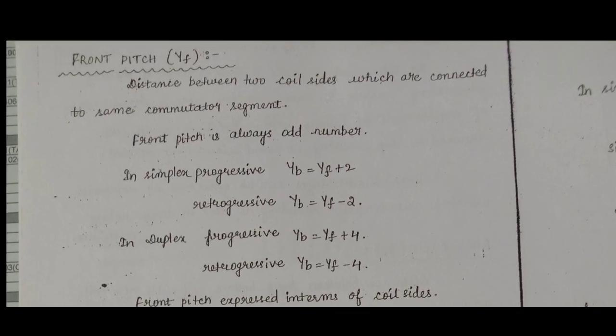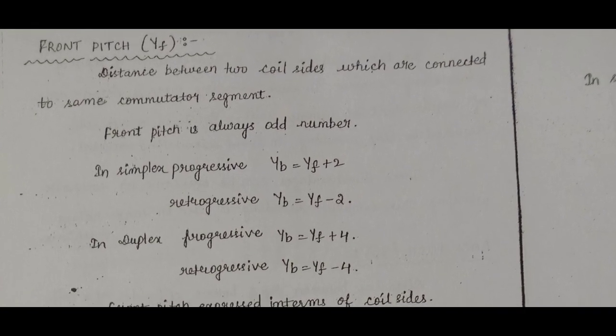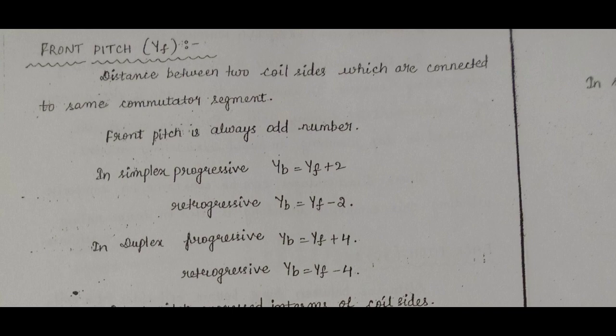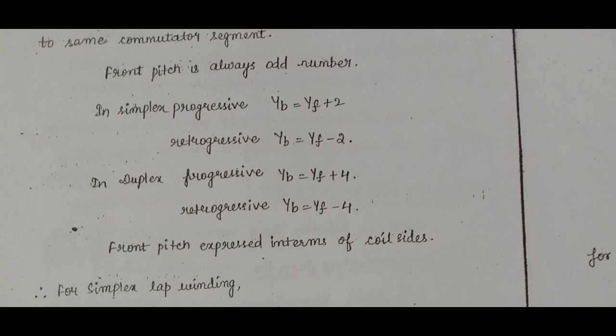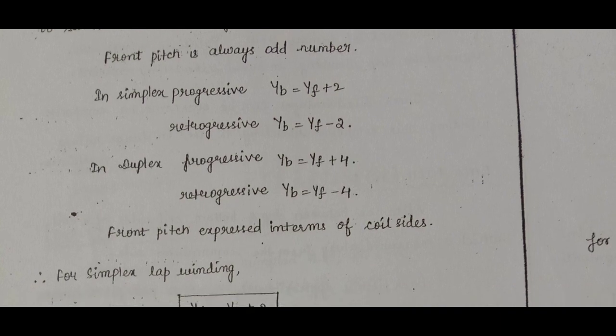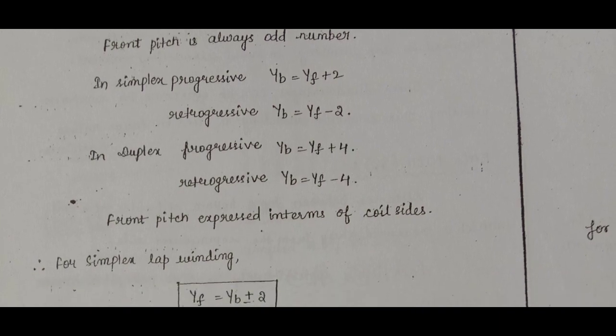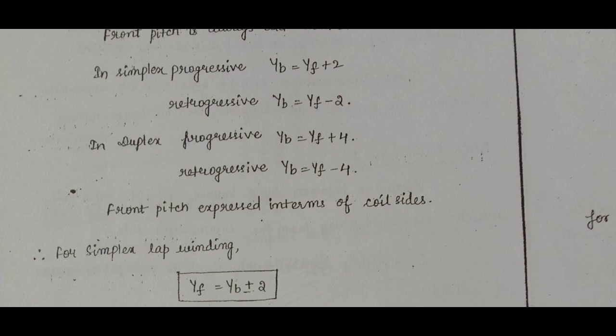Front pitch. It is the distance between two coil sides which are connected to the same commutator segment. Front pitch is always an odd number. In simplex progressive winding, YB equals YF plus 2.